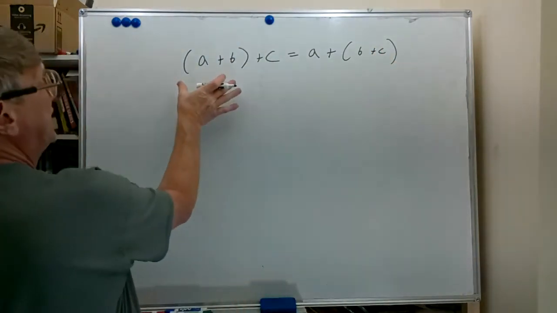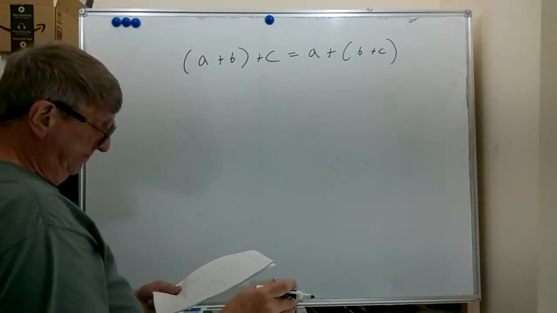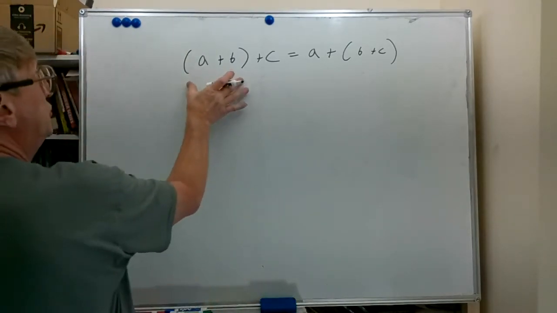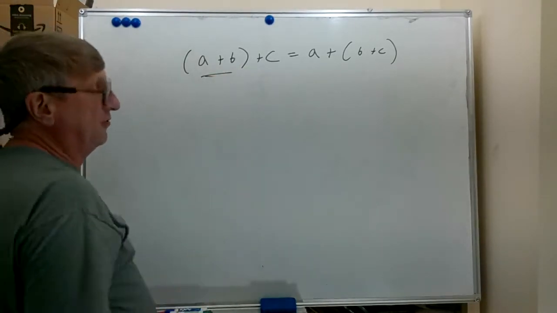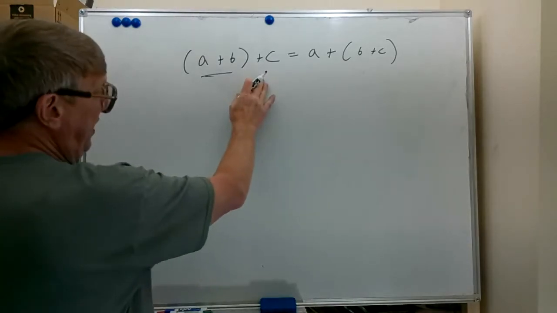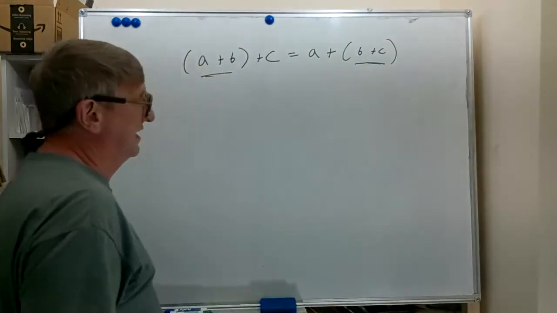Now the parentheses indicate to do that section first. So here you would add up the A plus B, then you'd add the C. Here you would add up the B plus C, then you'd add the A.